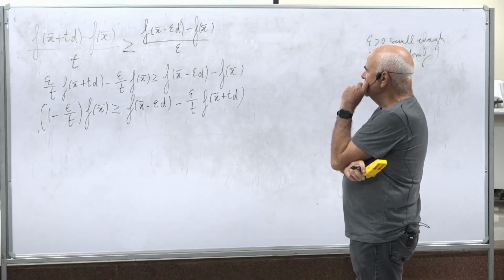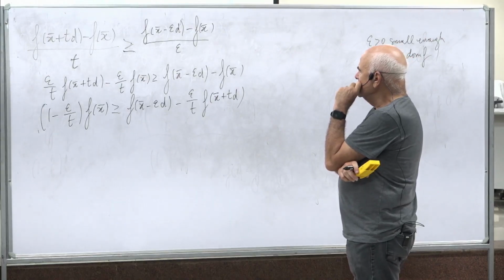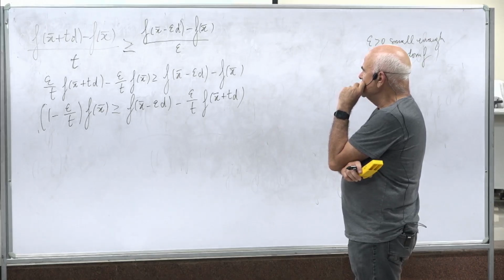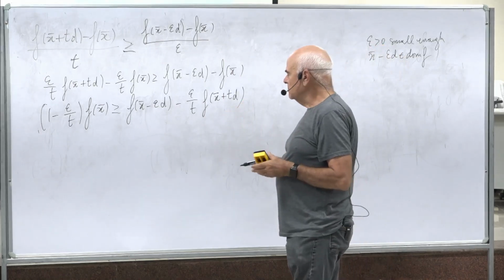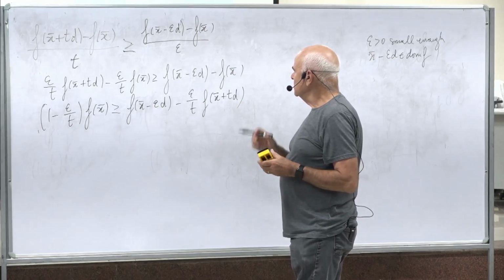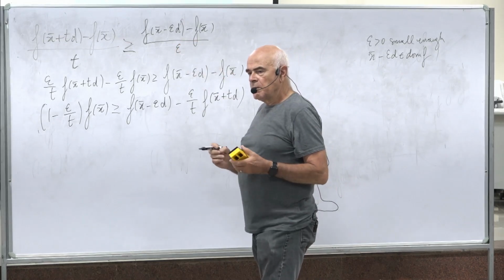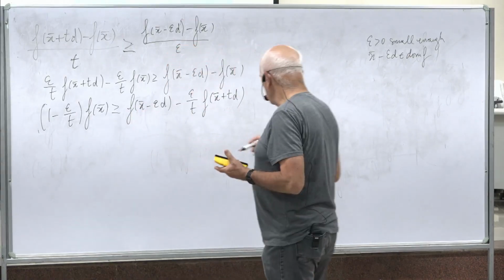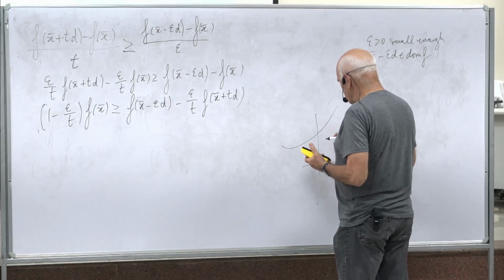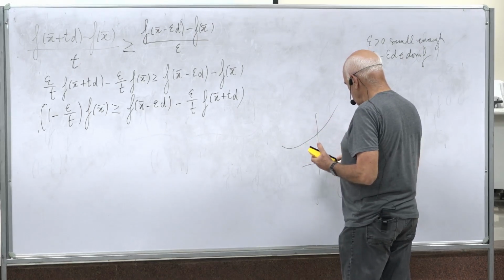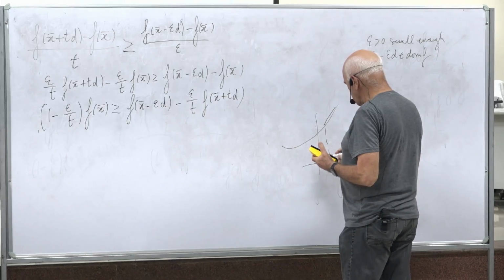Epsilon over t, is there a mistake here? No, because the idea is as follows. I am comparing, so this is x bar. I am comparing this with what happens on the other side.